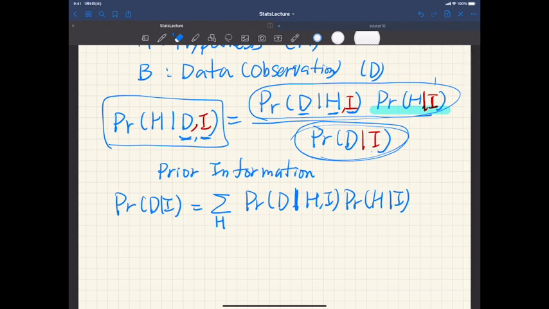But the idea is there are many possible hypotheses, and we have to add them up to normalize the probability. In practice, this may be impossible to calculate, but nevertheless, formally, this is required. So based on this formulation, we try to test our hypothesis or form some improved hypothesis based on data.